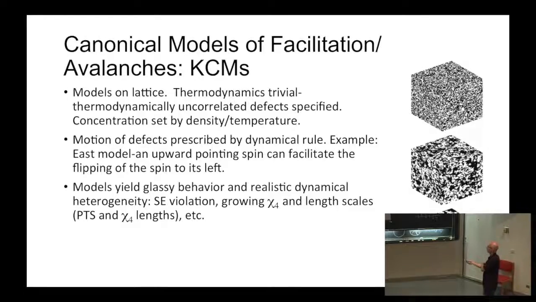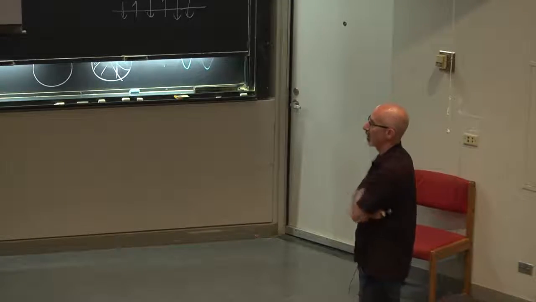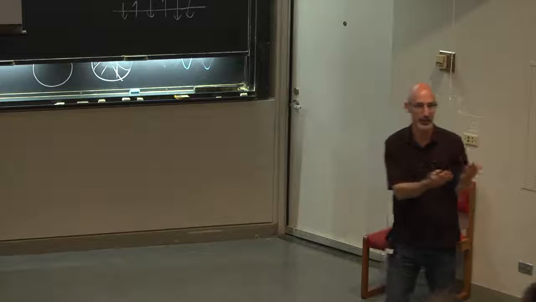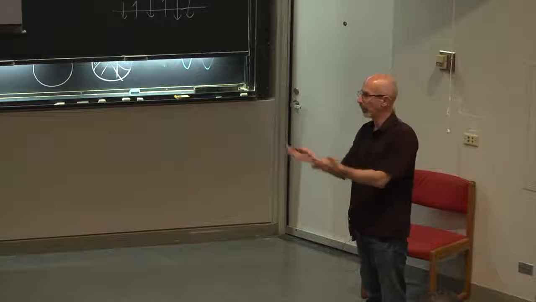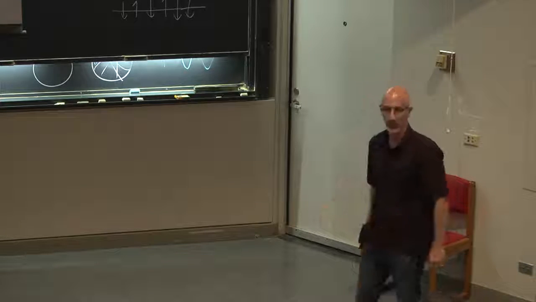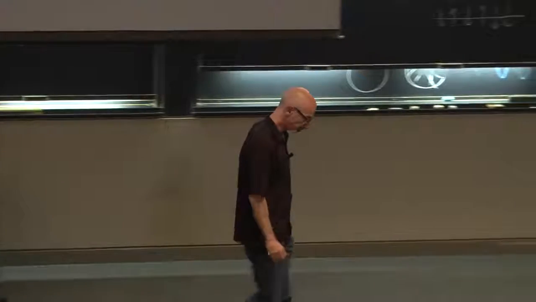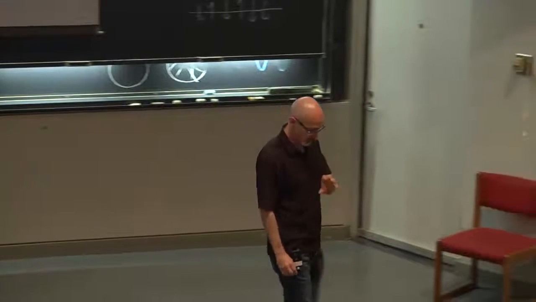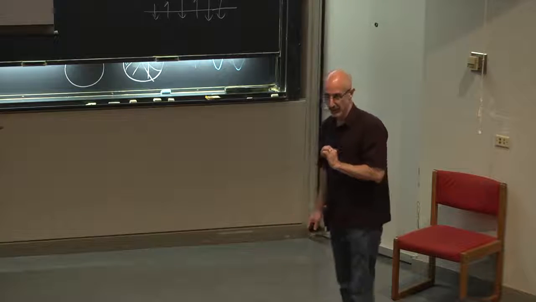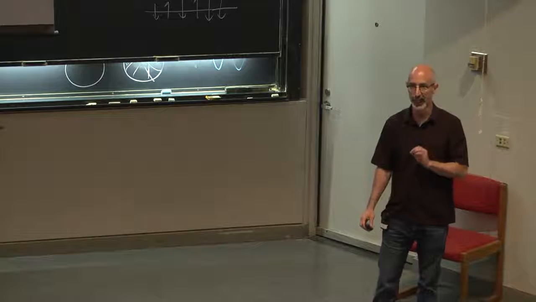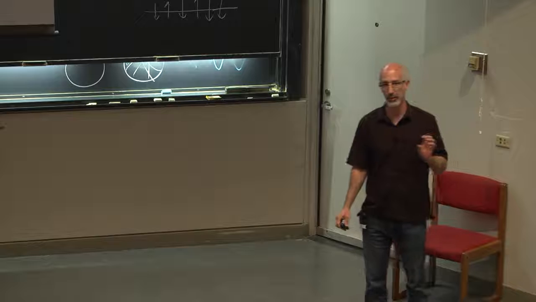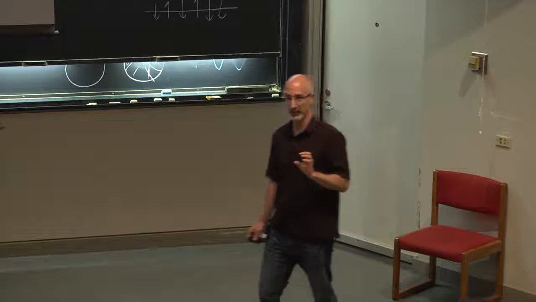They have growing chi4, and in these dual models you can even define the point to set length scale, and the point to set length scale and the chi4 length will grow in these kinds of models. And the reason I bring these models up, and skipped a few slides to get to this, is that these models are very good models for, in some sense, capturing the kinds of things you don't have in the mean field models.